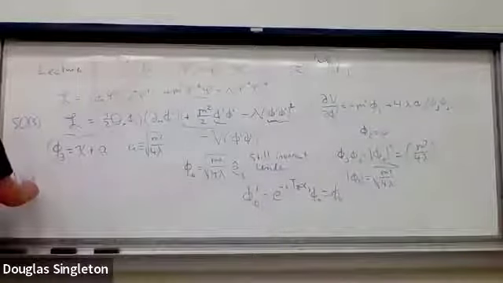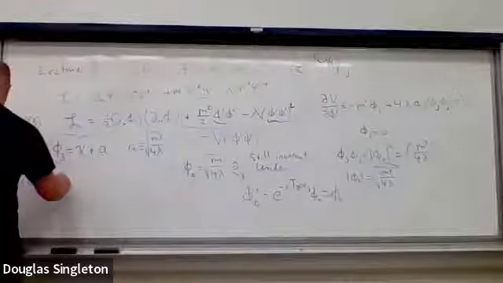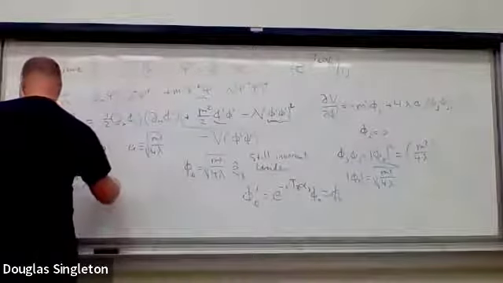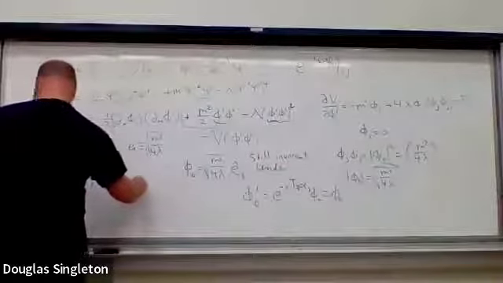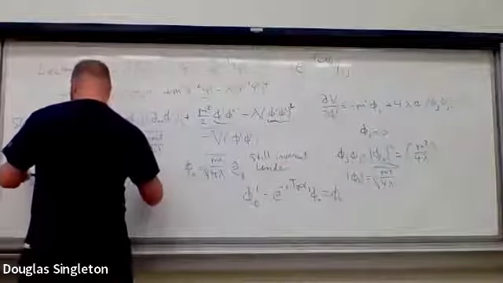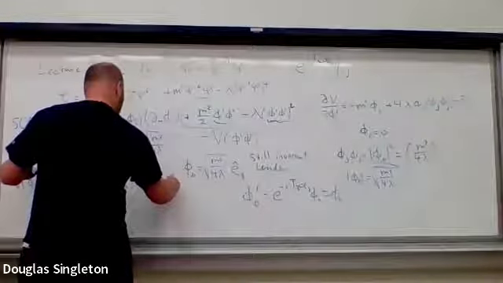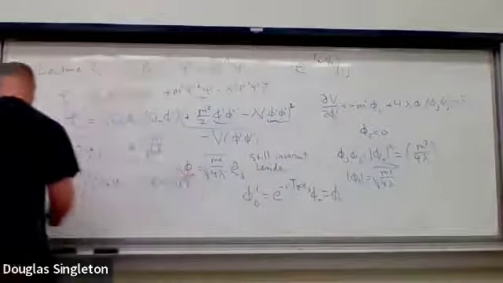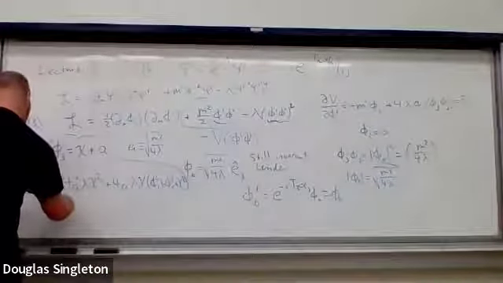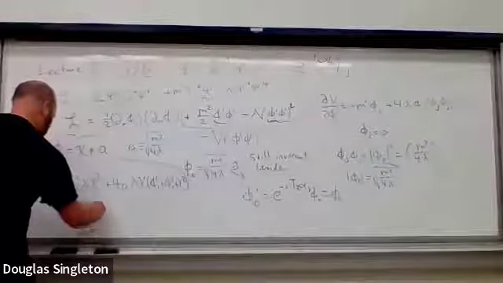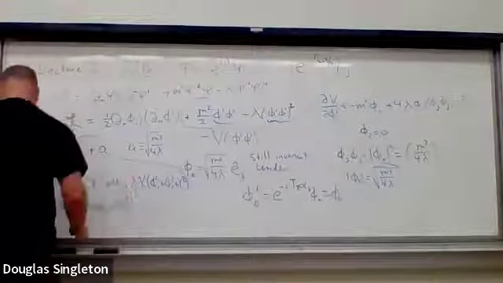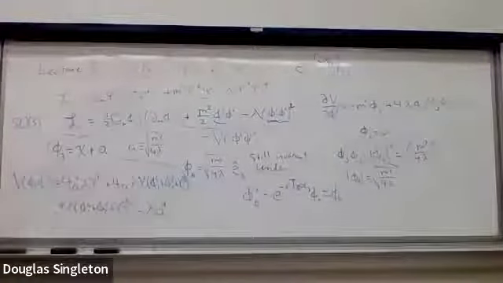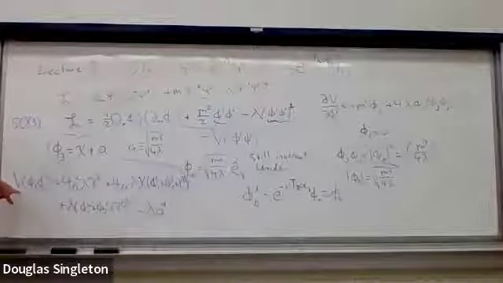Your potential, which is a function of phi, becomes 4a squared lambda chi squared plus 4a lambda chi, and then basically b1 squared plus b2 squared plus chi squared, plus lambda b1 squared plus b2 squared plus chi squared all squared, minus lambda a to the 4th, like that. So that's what happens to your potential.